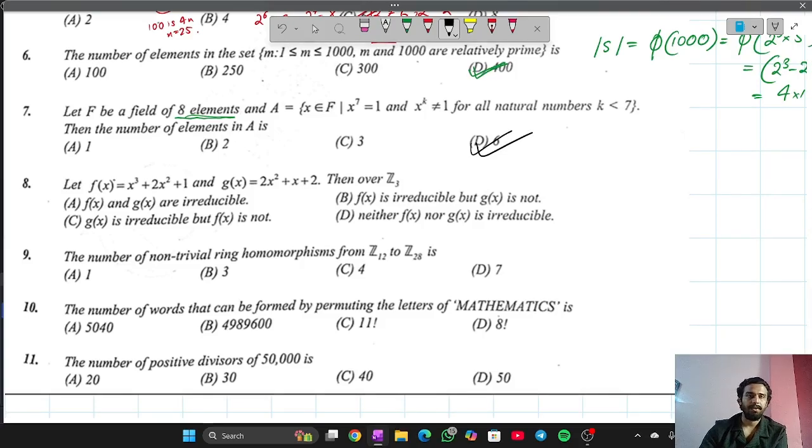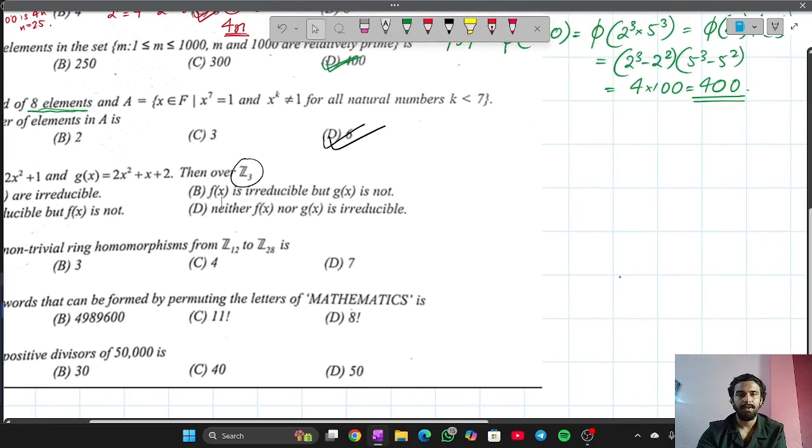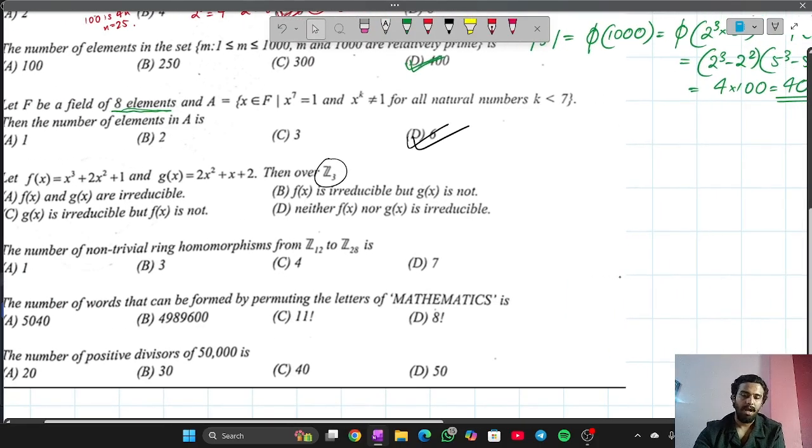So here is a function given f(x), and here is a function given g(x) over Z3. Then we have to find out if they are irreducible or reducible. Okay, so we have to find this one out.